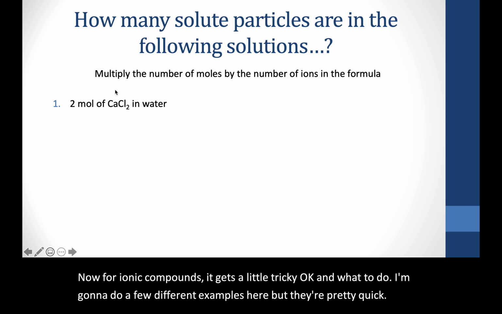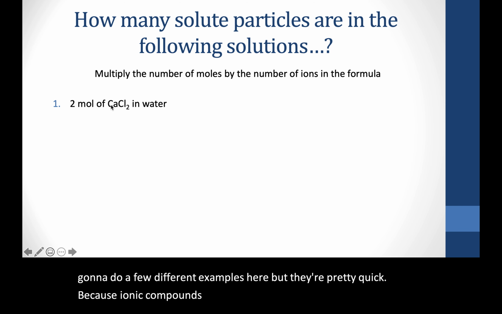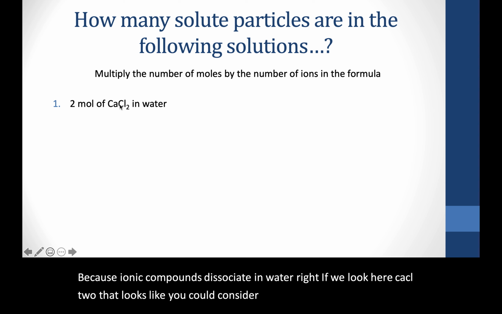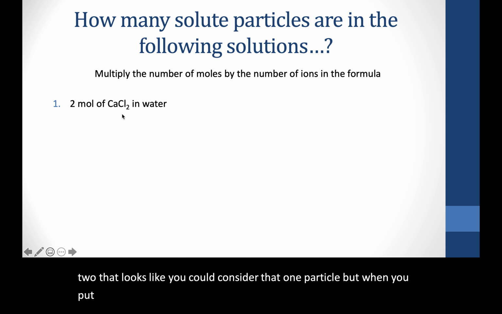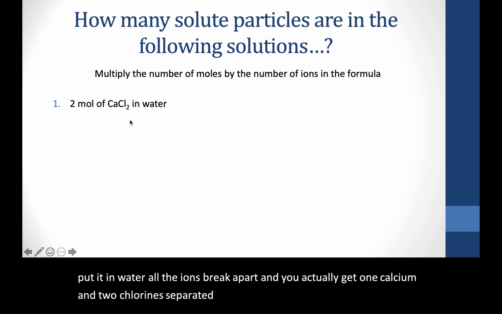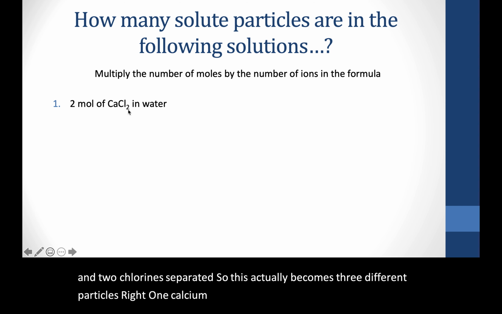Ionic compounds dissociate in water. If we look here, CaCl2 looks like you can consider that one particle. But when you put it in water, all the ions break apart and you get one calcium and two chlorines separated. So this actually becomes three different particles.